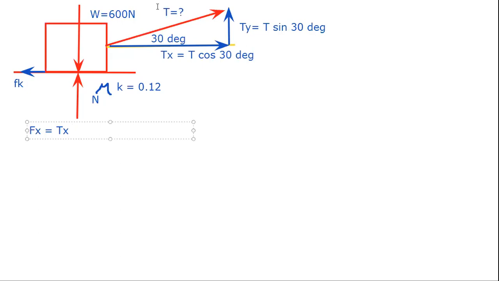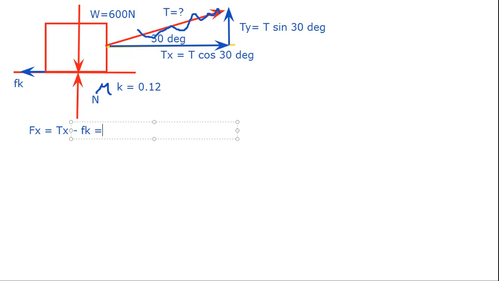Since we split this force into its components Tx and T sub y, we may as well disregard this force as if it does not exist, because we now break it down into its components Tx and Ty. So Tx goes right along the horizontal line, while your Fk is going left.